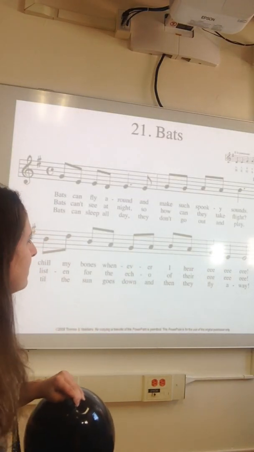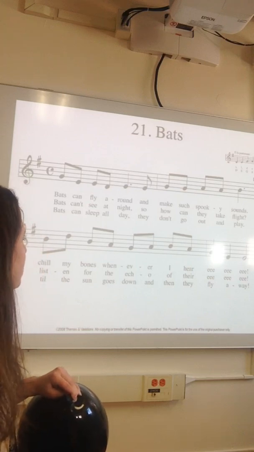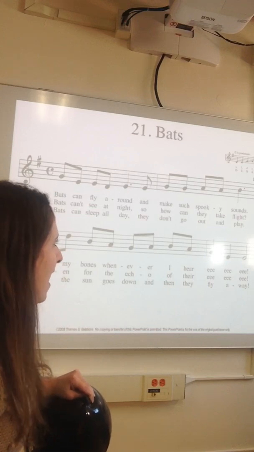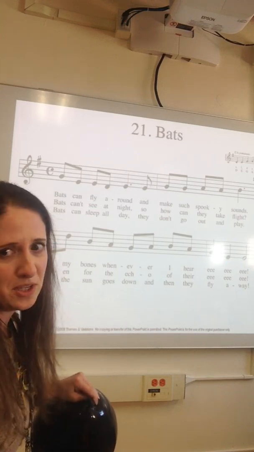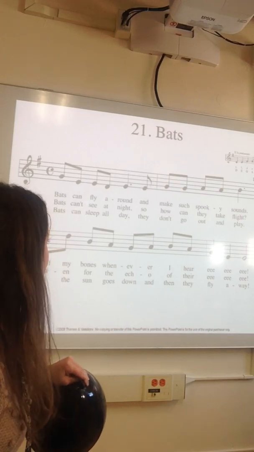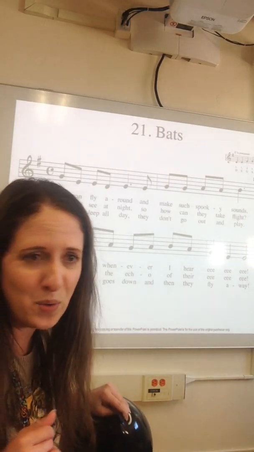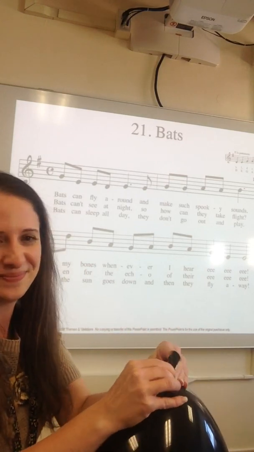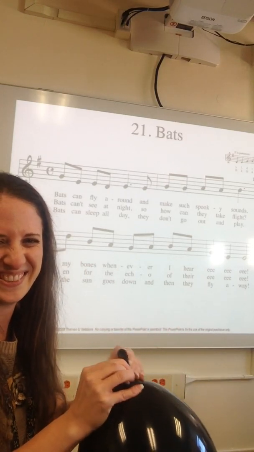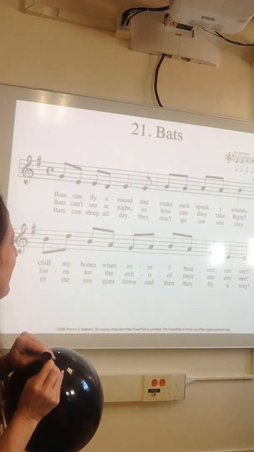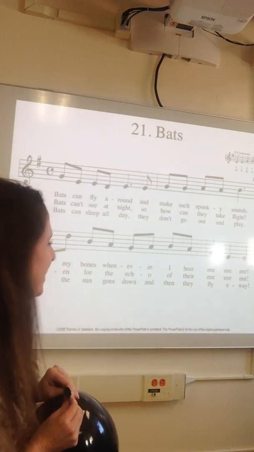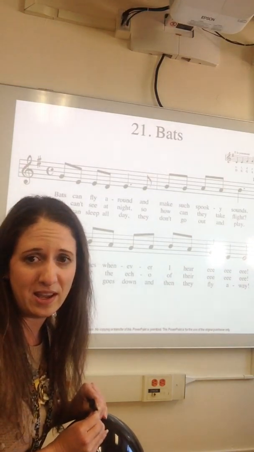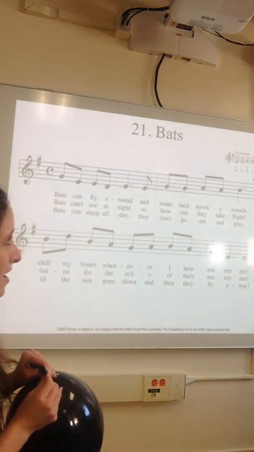So the first part, we have the first line, which goes, bats can fly around and make such spooky sounds. They chew my bones whenever I hear. Second verse. Bats can't see at night, so how can they take flight?